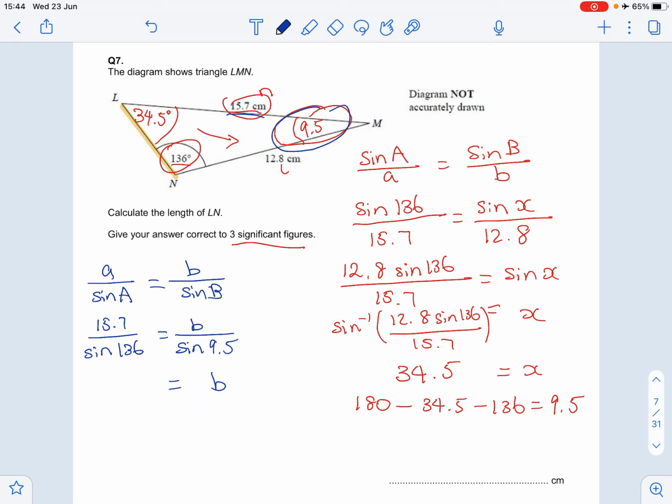Rearranging, I have 15.7 sine 9.5 divided by sine 136. Just type it into your calculator. So my length b is 1.73.